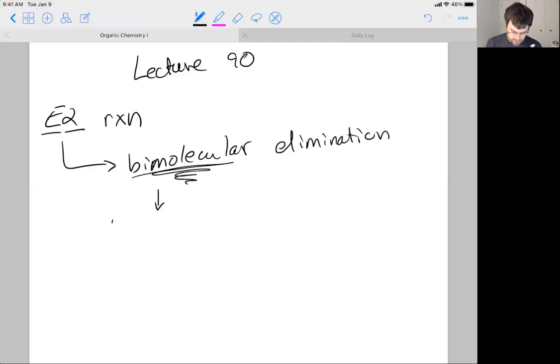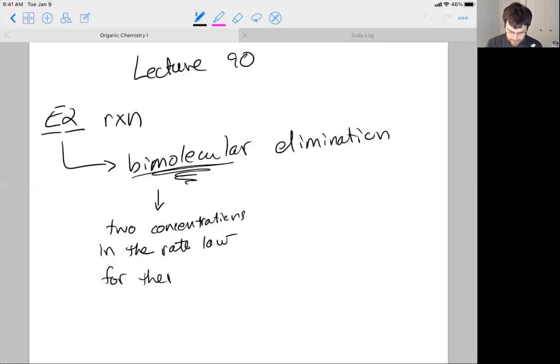There are two concentrations in the rate law for the reaction.